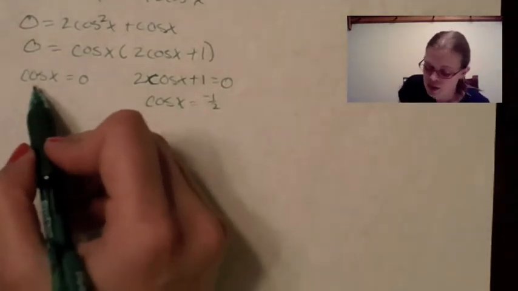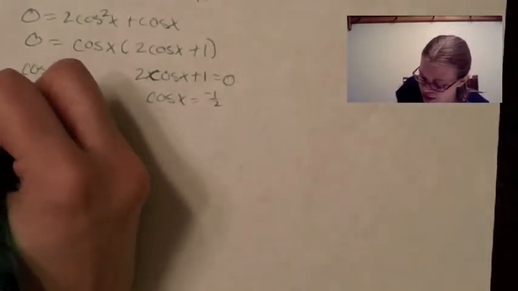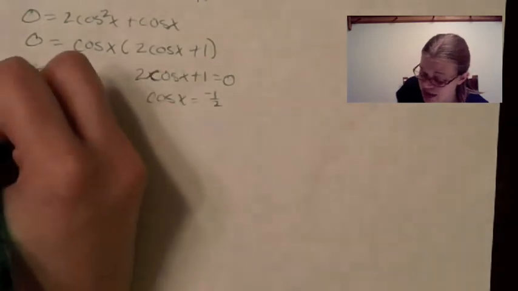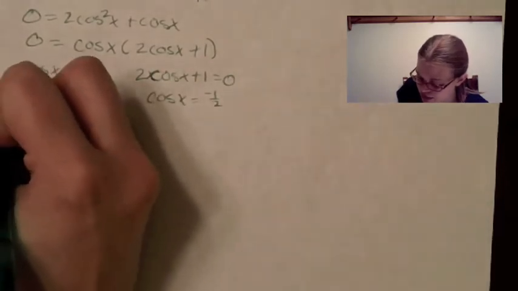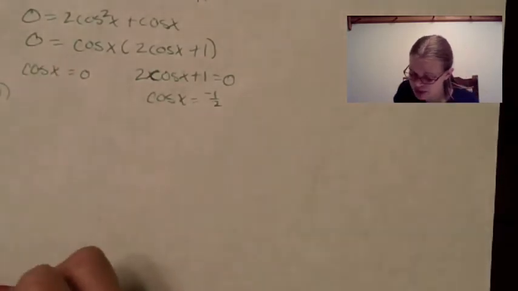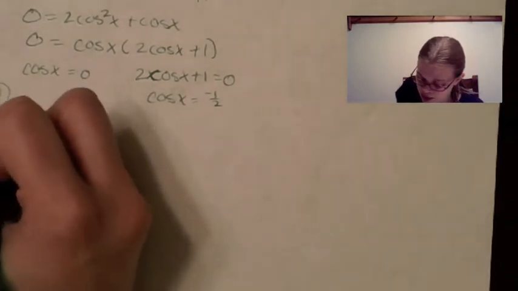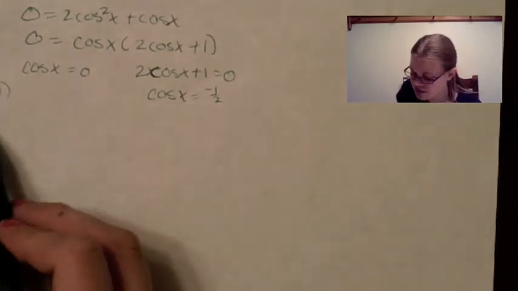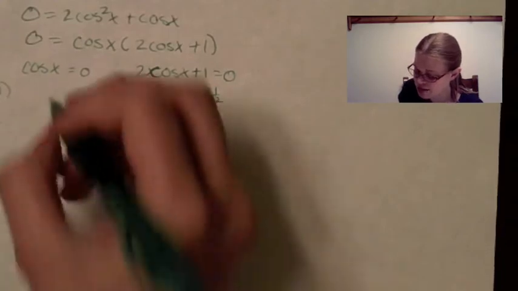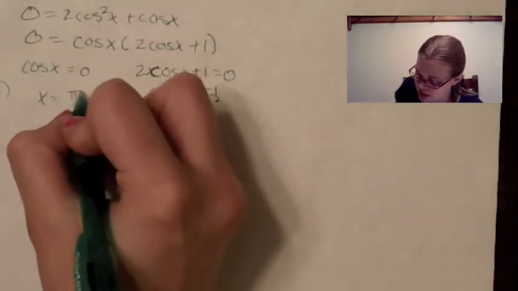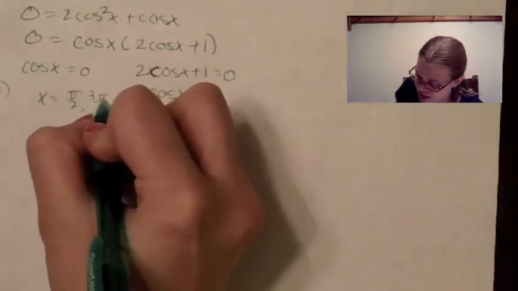So now I think, well, where's the cosine 0? Well, the cosine is the x value, so my x value is going to be 0, and I could either have 0 plus or minus 1. So that happens at your axes, at pi halves and at 3 pi halves. So x is going to be pi halves and 3 pi halves.